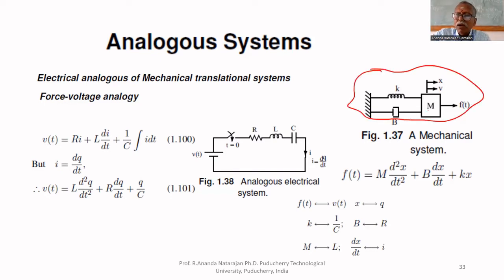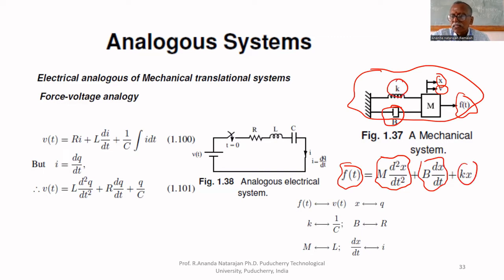The applied force is f of t, the displacement is x, the velocity is v. Therefore, the mathematical model is f of t equal to, because of mass m, m d square x by dt square. Because of this b, you can write b dx by dt. Because of this k, you can write kx. That's all. This is the mathematical model in time domain.